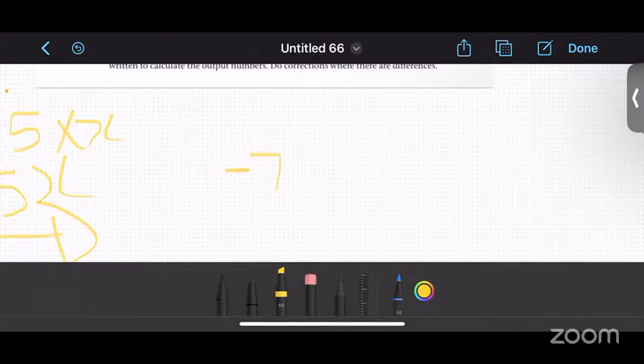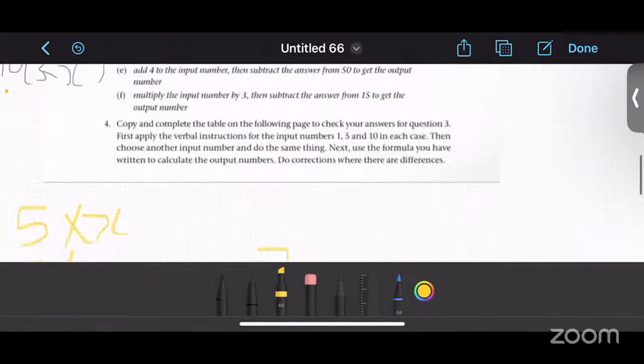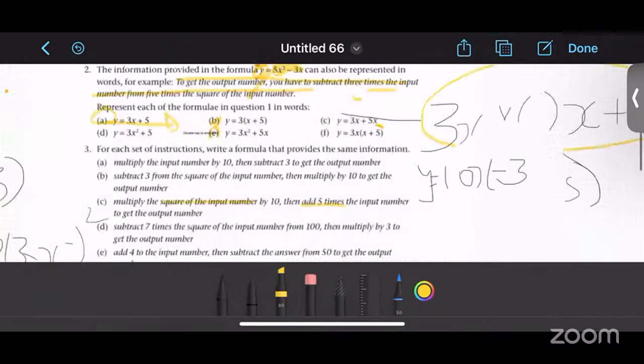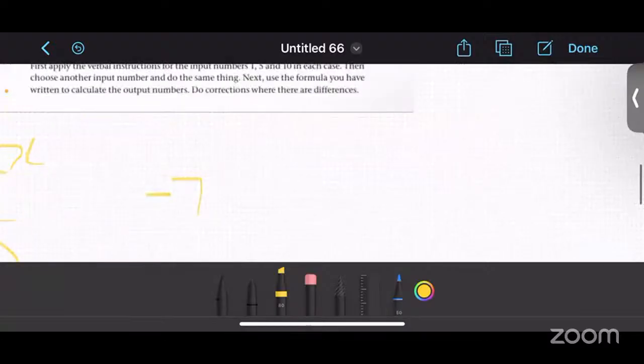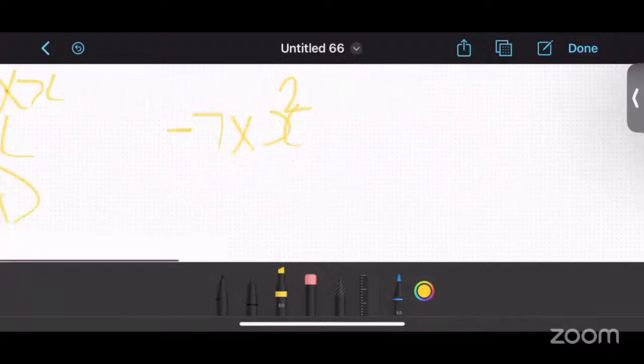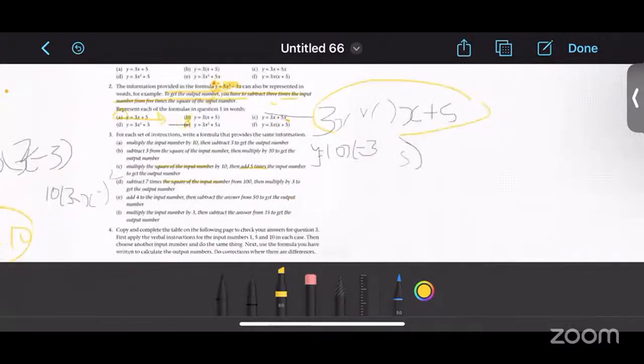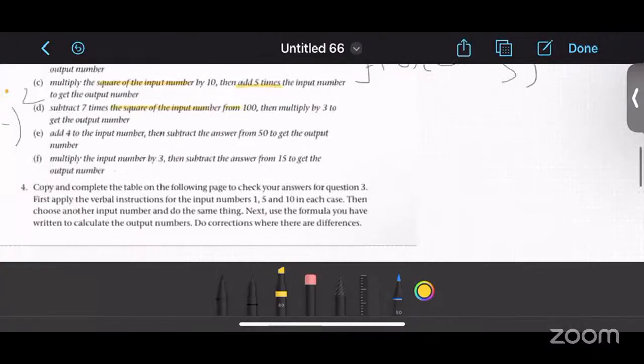It's 7 times the square of the input number, and the square of the input number is x to the power of 2. So 7x to the power of 2, subtracted from 100. So we're going to have our 100 over here.